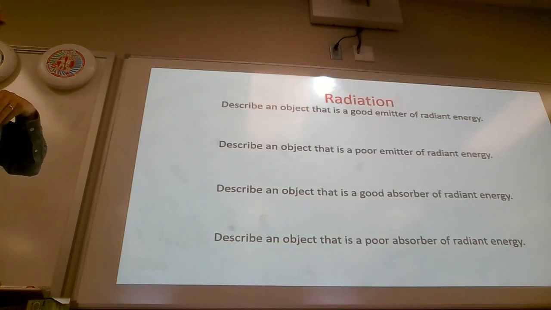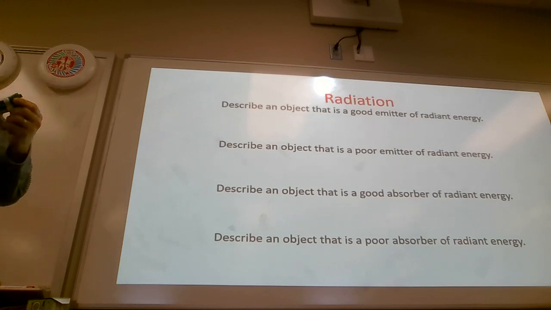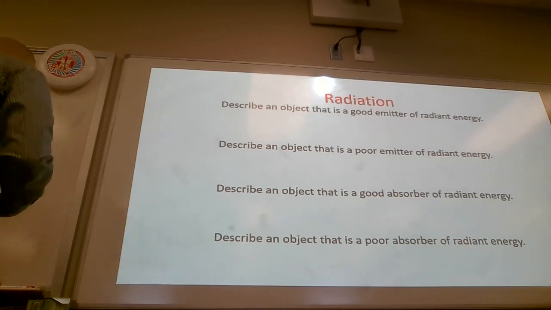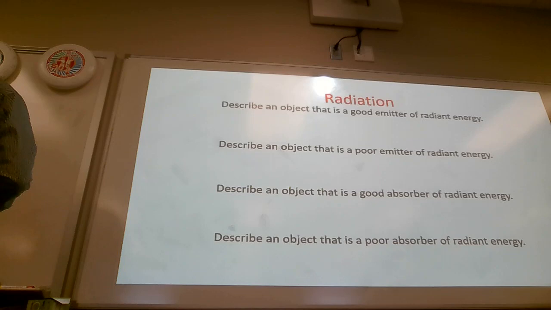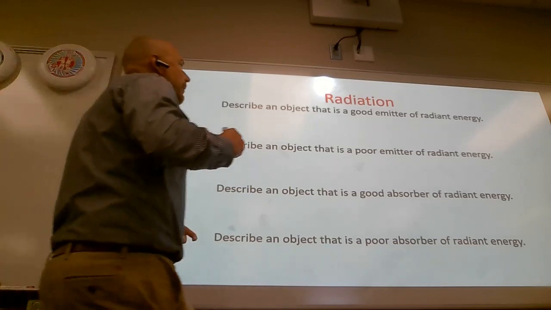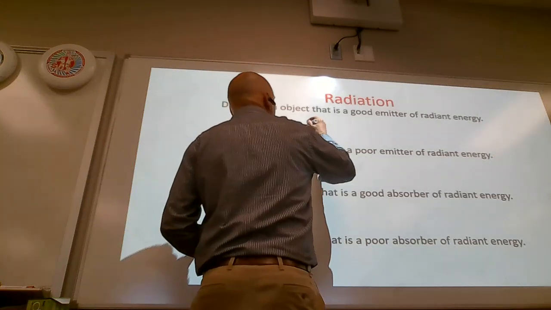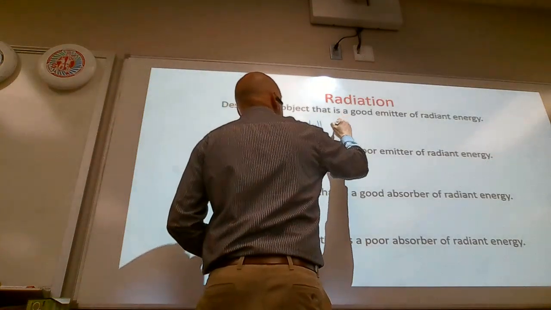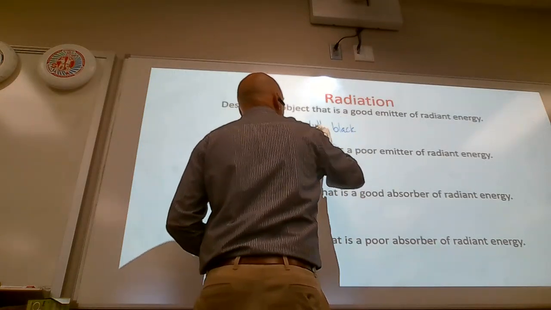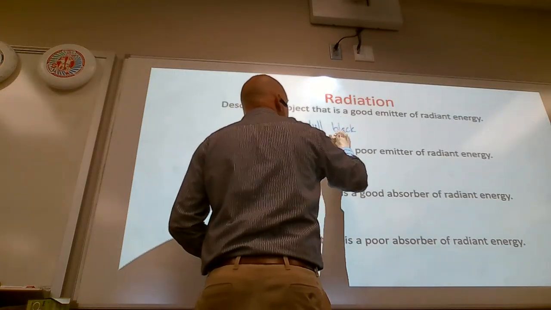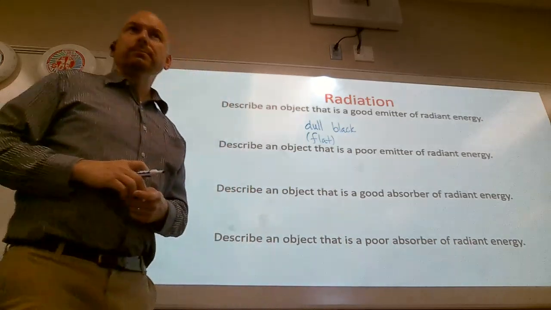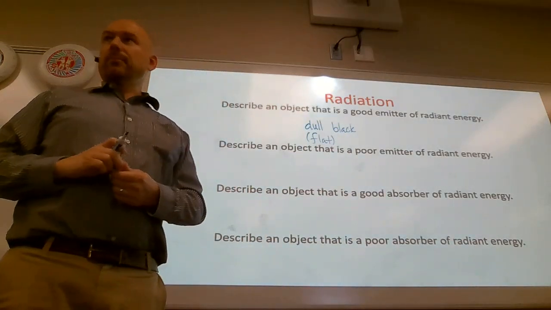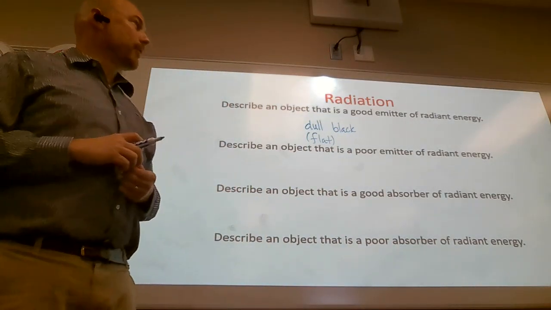All right. Good emitters. Examples of objects that are good emitters of radiant energy: dull black, like a flat black rather than glossy, is a good emitter of radiant energy.